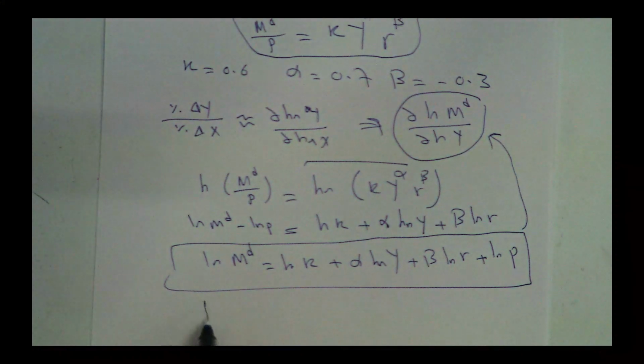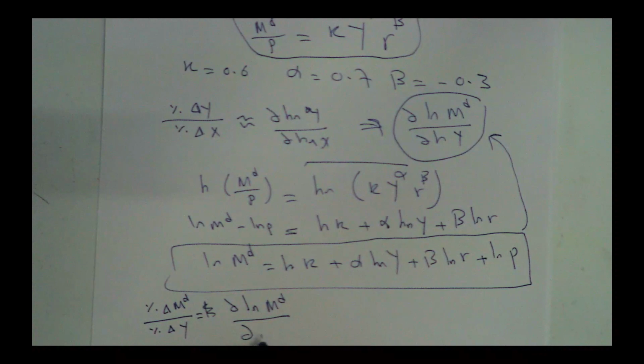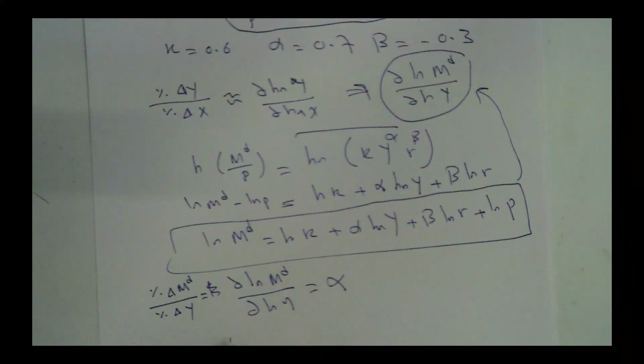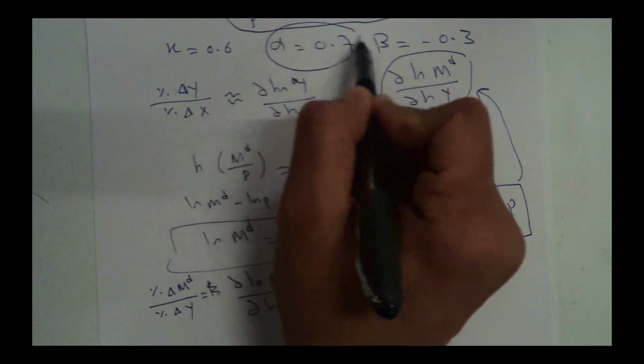So that means the percent change in money demand over the percent change in Y. That is equal to, which means you differentiate ln Md with respect to ln Y. That's going to be alpha. This is the elasticity, which is actually given to us. You remember, we already know alpha here is 0.7.